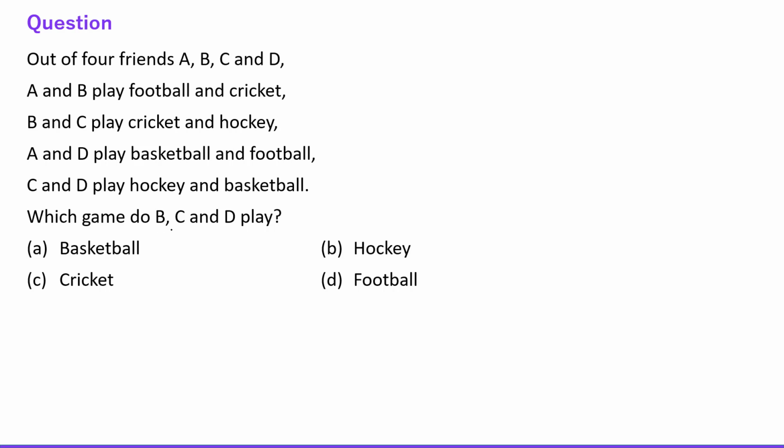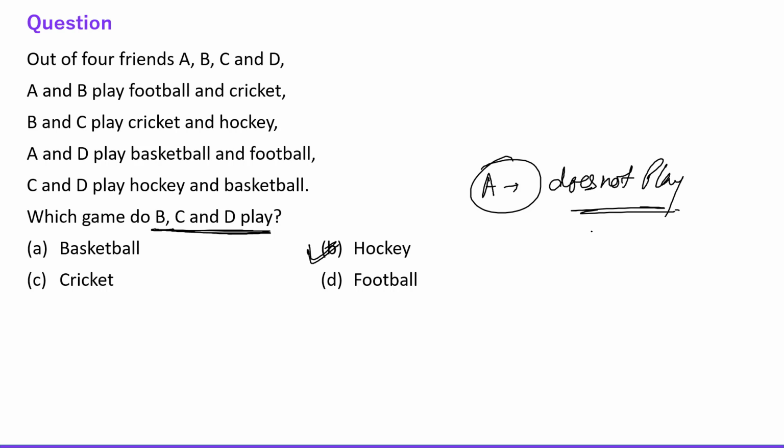Which game do B, C, D play? B, C, D obviously they play hockey. Why? Because A does not play hockey. We have solved it, right? So when A does not play hockey, it means B, C, D play hockey, right? Let me show you the table once again.